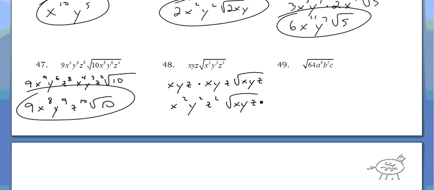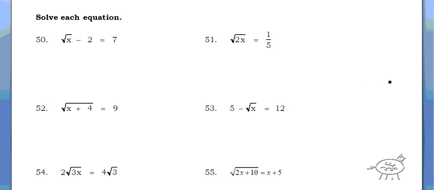All right. 64, square root of 64 is 8. That's a perfect square. Comes out. 8 to the 9th, so it's a to the 8th divided by 2 is a to the 4th. B to the 4th divided by 2 is b squared. And that's it. I can't do anything with the c. But remember, there's an a left over, there's a b left over, and there's a c left over.